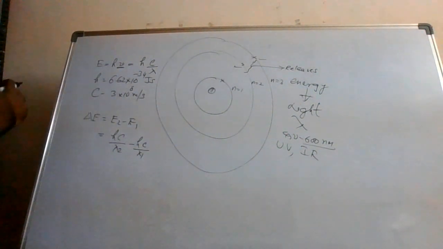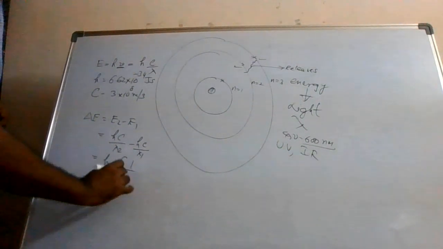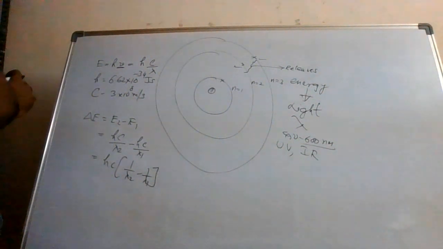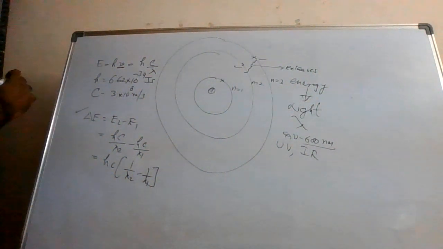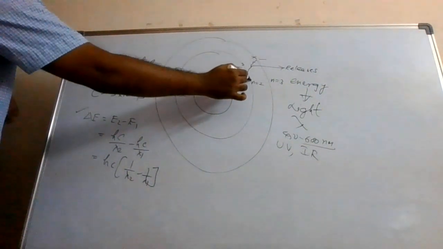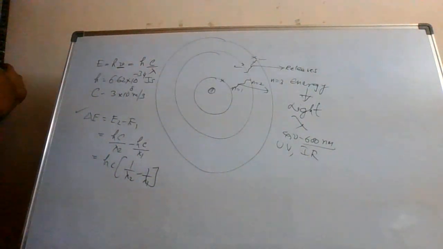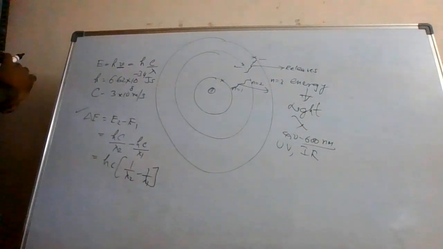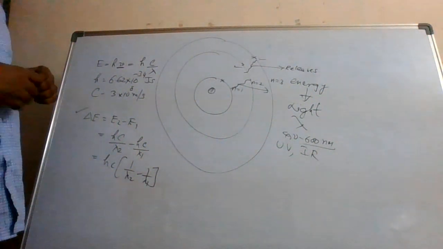Because h and c are constants, it can be written in terms of lambda 2 and lambda 1. Now this delta E, the emitted energy, when the electron moves from one orbit to another, is emitted in the form of light. So we have different series actually. We will discuss those series, which have specific names and specific ranges. We will discuss that.